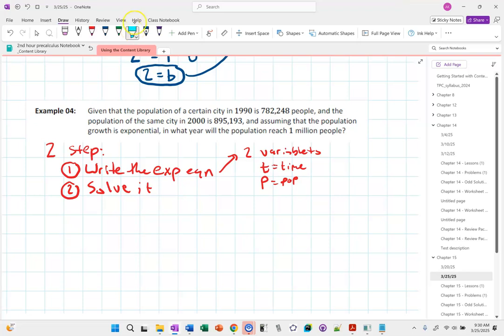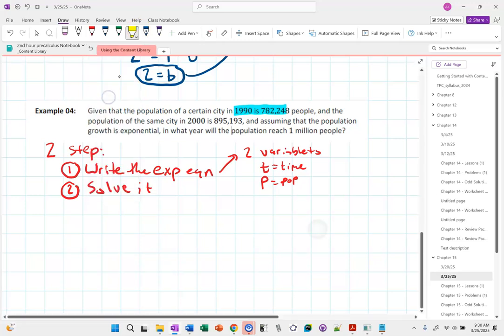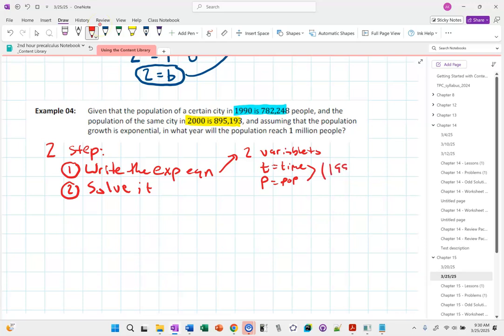So doing that, I have 2 points then: 1990, 782,248, and then 2000, 895,193.